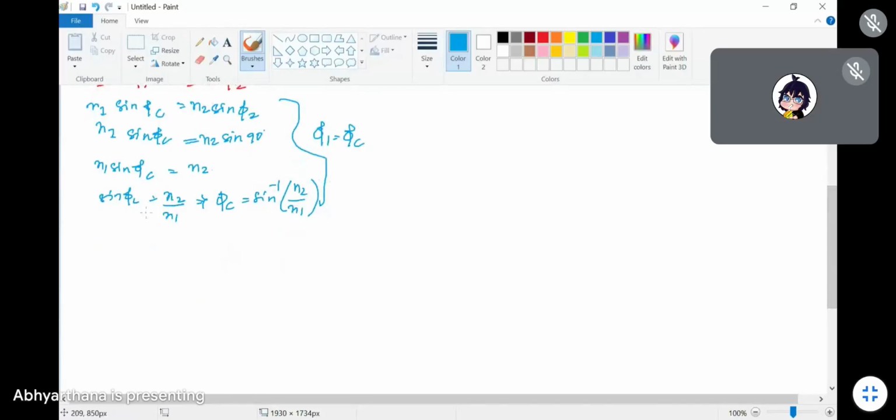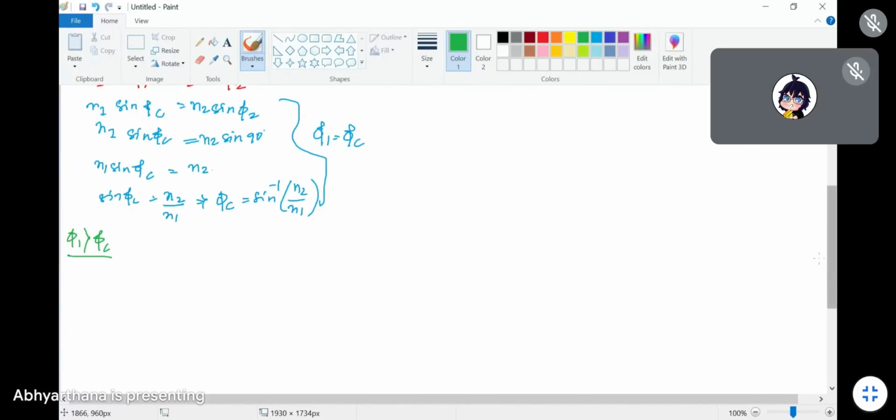Now we will go to the next one, where phi 1 is greater than phi c. So the previous one is phi 1 equal to phi c, that is the critical angle, and much before that was phi 1 less than phi c. So this is greater than.